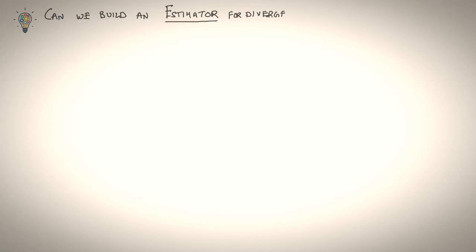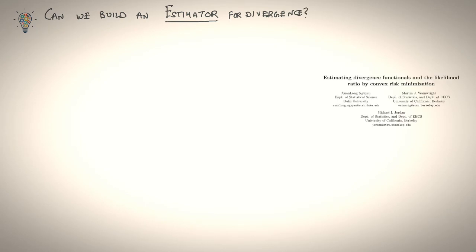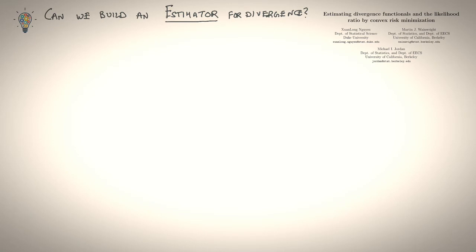And in a wonderful paper, Nguyen et al. showed that the answer is yes, we can build such an estimator. More surprisingly, not just for reverse KL, but potentially for any divergence belonging to a larger family. So a bit of an aside, KL divergence and reverse KL divergence are instances of one big family of divergences known as f-divergence.